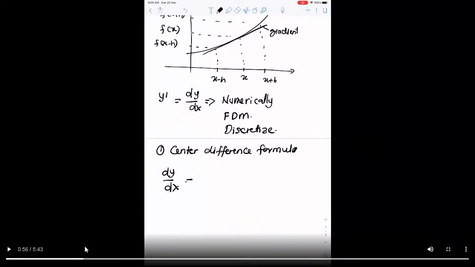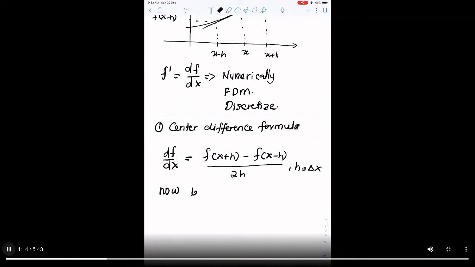So now let's prove this center difference formula based on the Taylor series. We know that the center difference formula is y(x plus h) minus y(x minus h) divided by 2h, or sometimes f(x plus h) minus f(x minus h) divided by 2h.